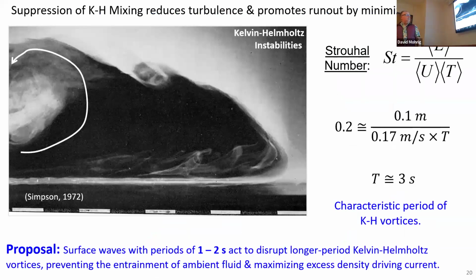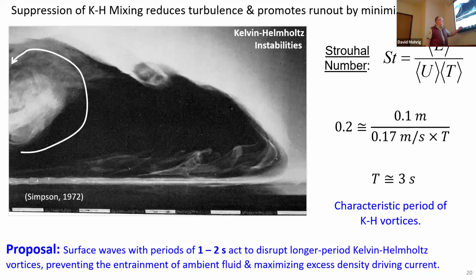And the answer is probably in what we saw in that video where we shut down that largest scale mixing that we have in the currents. So if you remember my poor man's estimate for the period of the vortex shedding associated with the Kelvin-Helmholtz instabilities, it's going to be something close to 3 seconds.